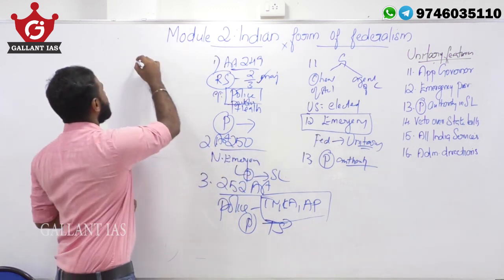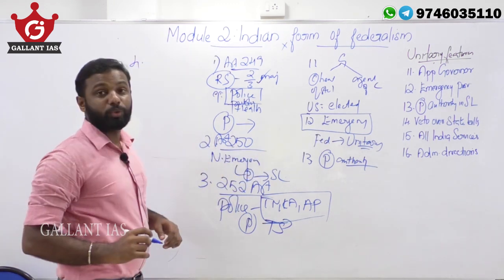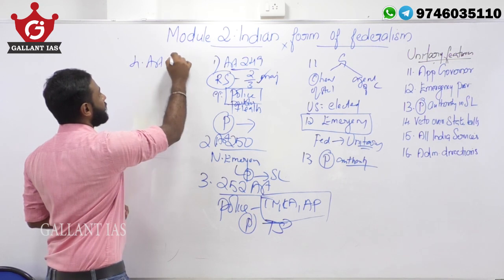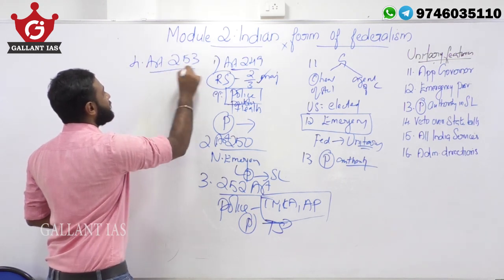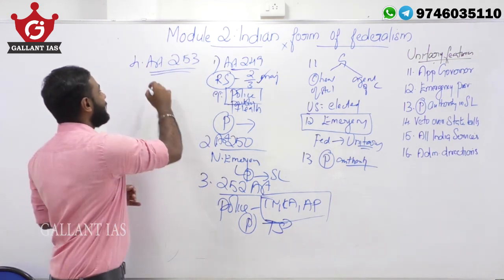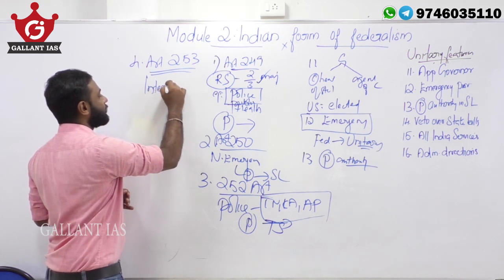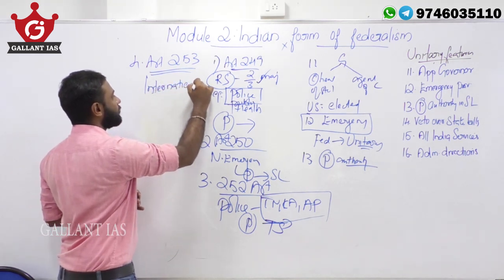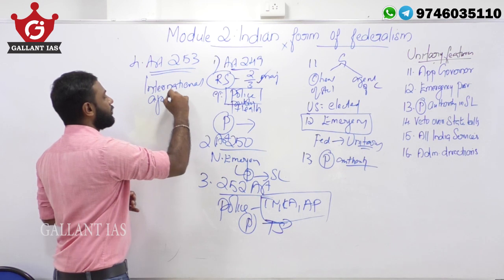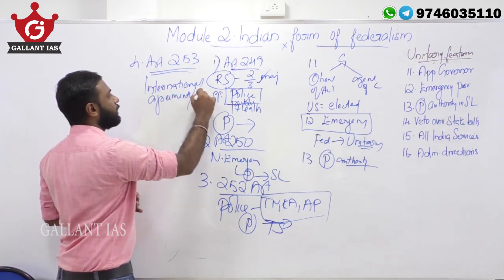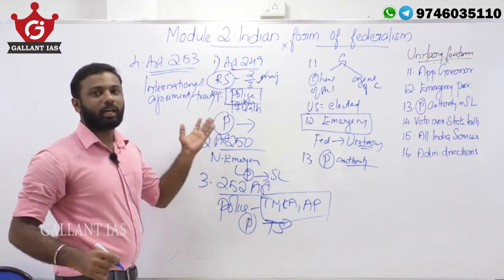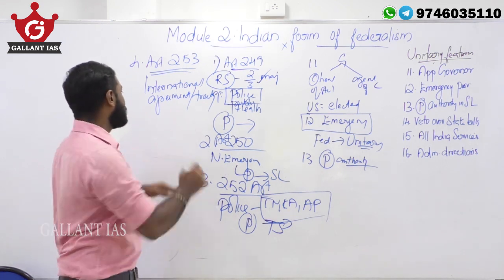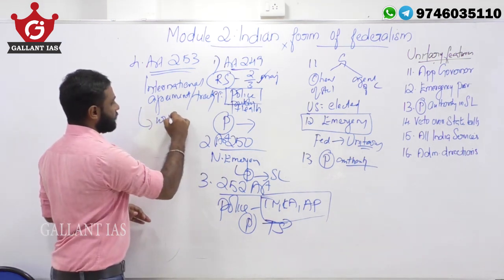The fourth condition is Article 253. It says that for implementing an international agreement or treaty, the Parliament can make law on the state list without the consent of the state.